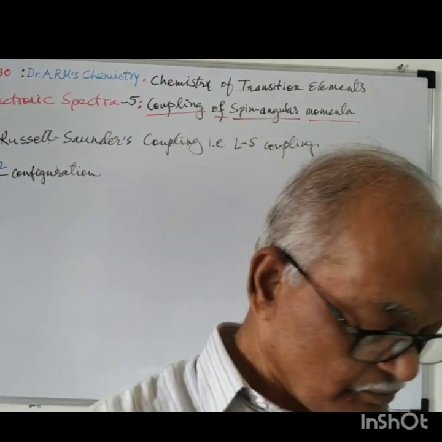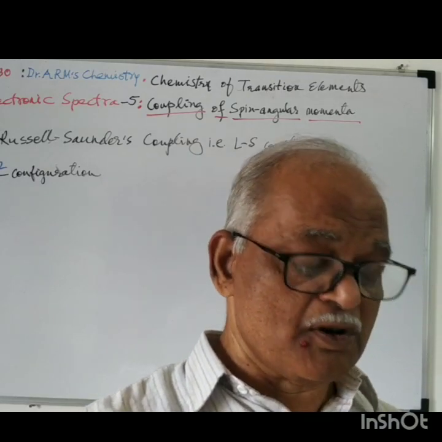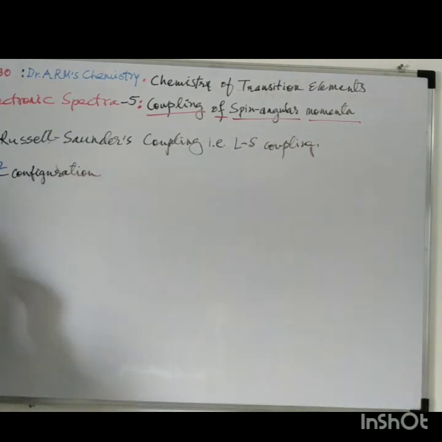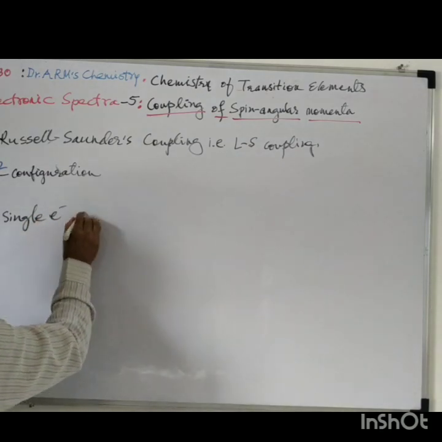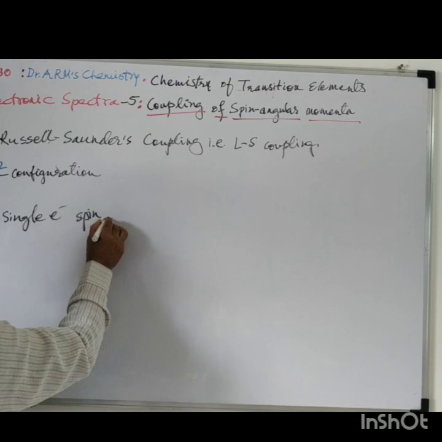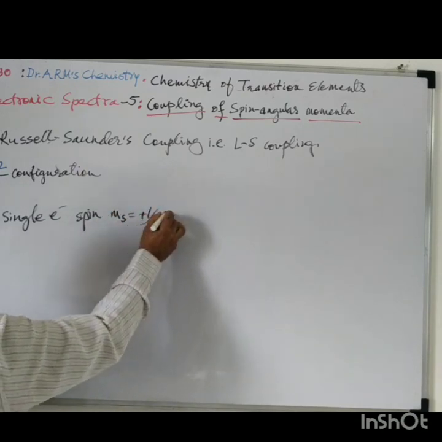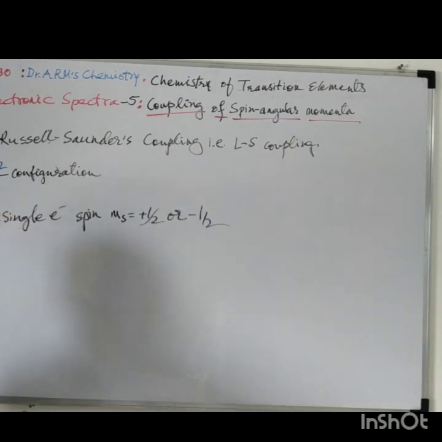Here we have to remember that for a single electron, the spin, that is ms, is plus 1/2 or minus 1/2.